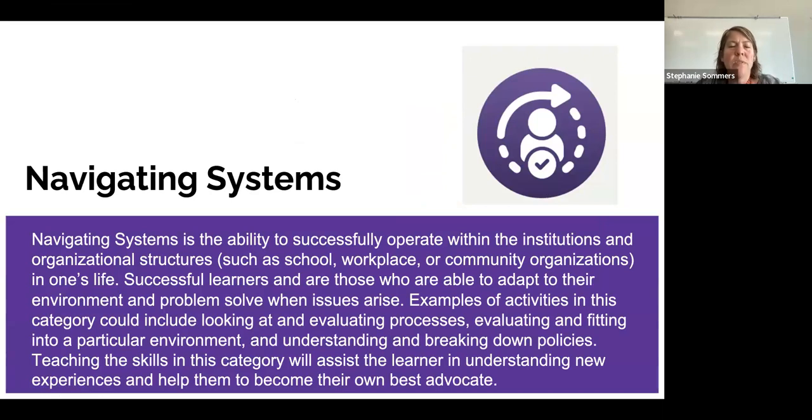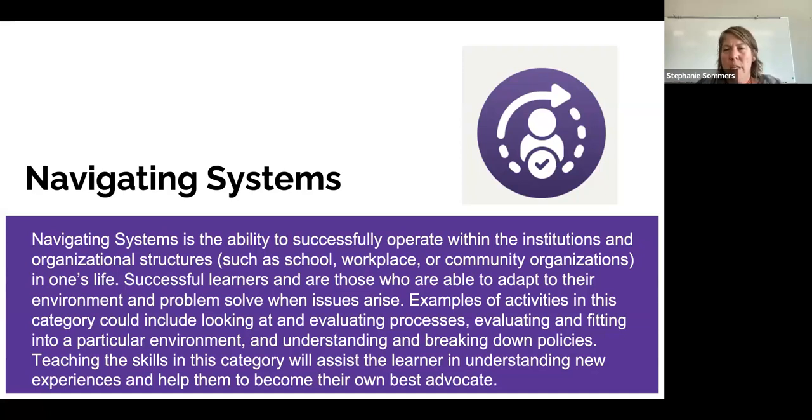Examples of activities in this category could include looking at and evaluating processes, evaluating and fitting into a particular environment, and understanding and breaking down policies.